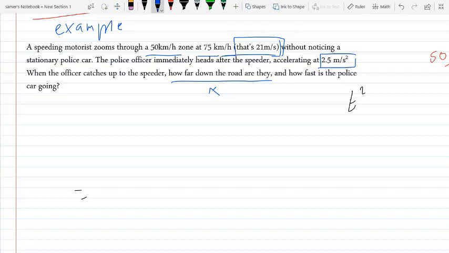We are asking about x, and how fast is the police car going, v. This is a one-dimensional problem involving constant acceleration, but here we have two objects: the speeder and the police car.